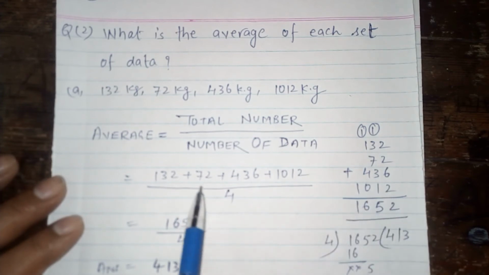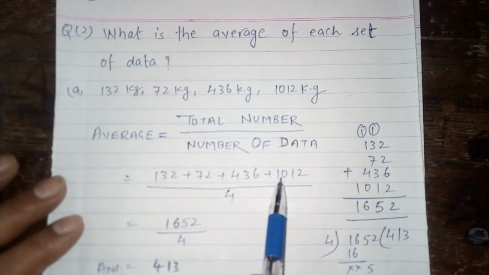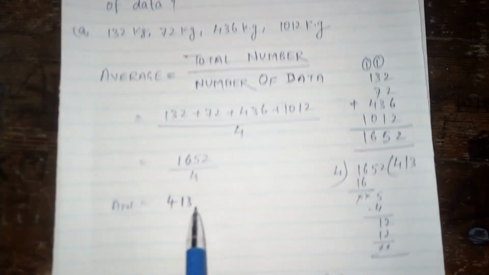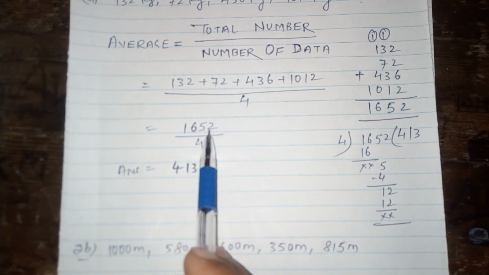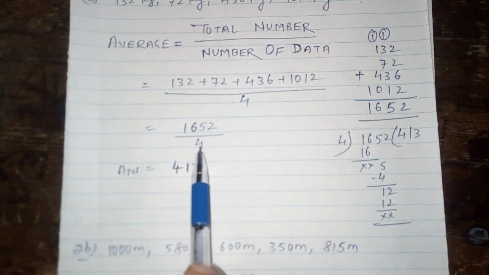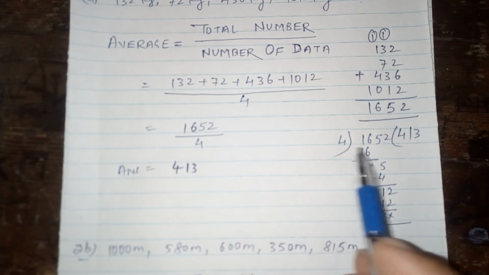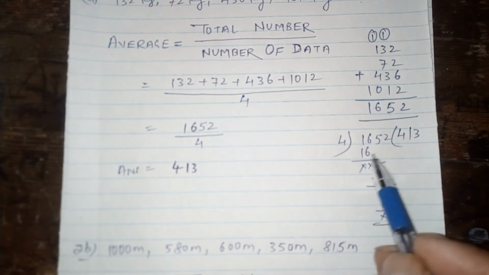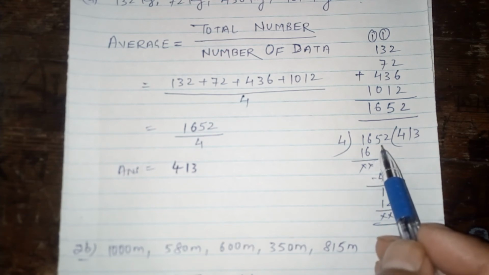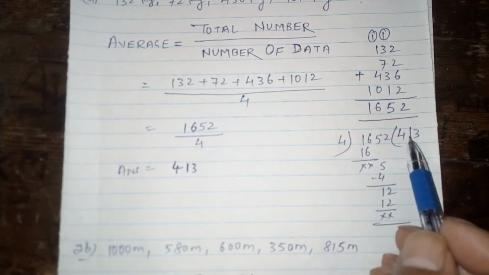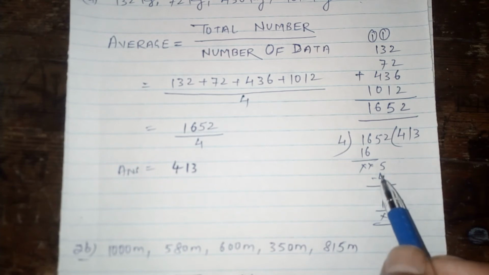So the sum of all these four numbers is 1652, divided by 4. Look here, 4 fours are 16. We will note down the next number. Next number is 5. 4 ones are 4. 5 minus 4 is 1.